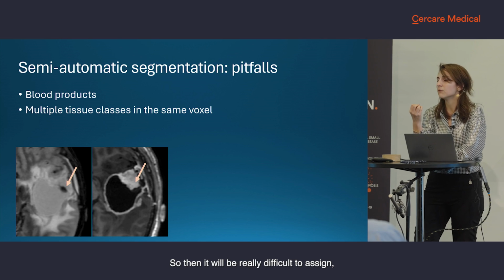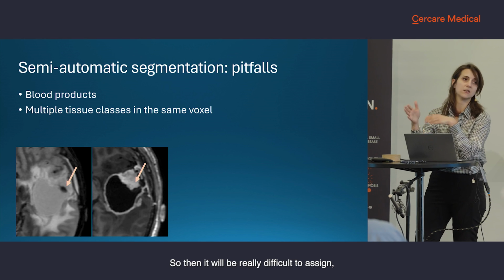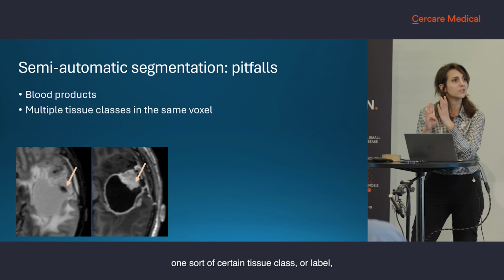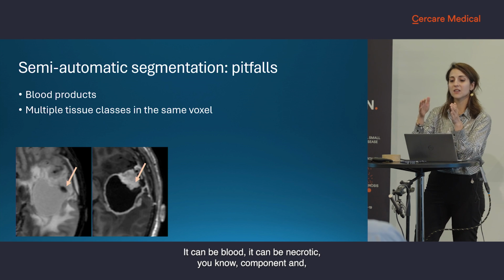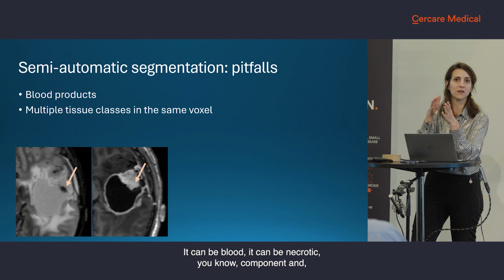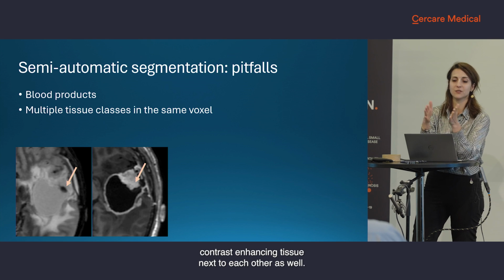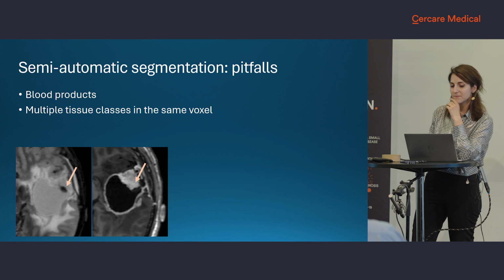So then it will be really difficult to label a voxel as a certain tissue class, because you will have both components. It can be blood, necrotic component and contrast-enhancing tissue next to each other as well.